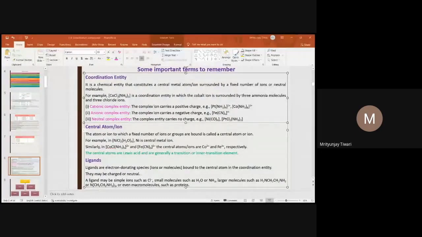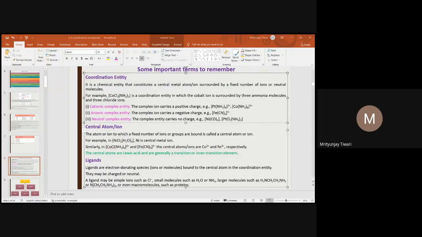So this one forms a complex with a given metal, and this one also forms a complex with the given metal. If the metal is the same, then the complex with this ligand will be more stable. This means the more the number of chelate rings, the more the stability of the complex.